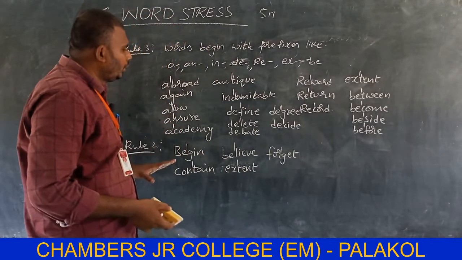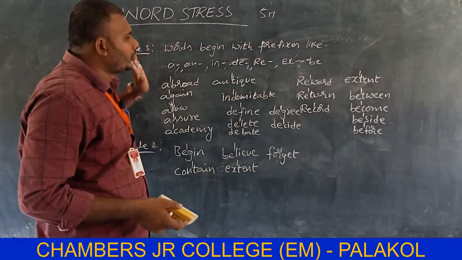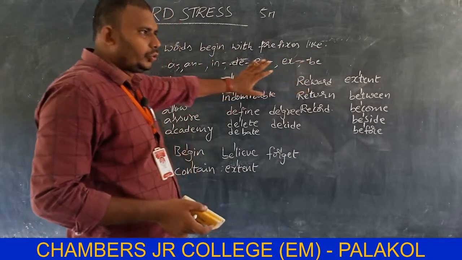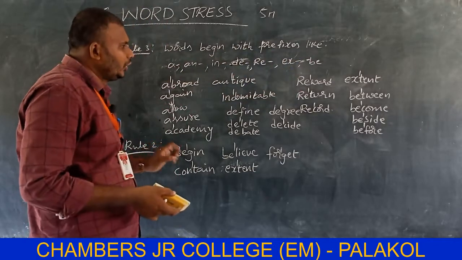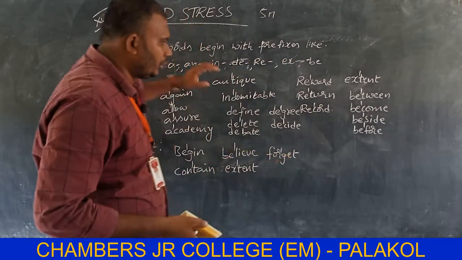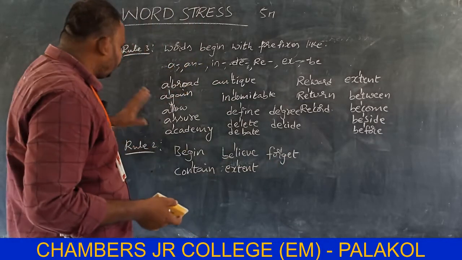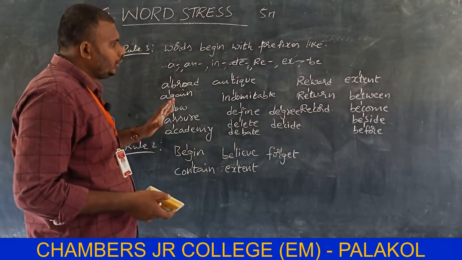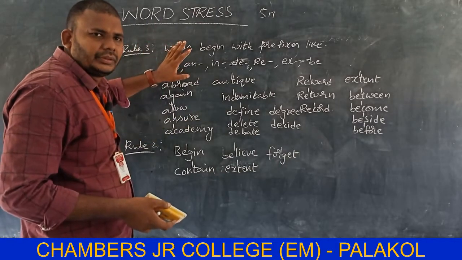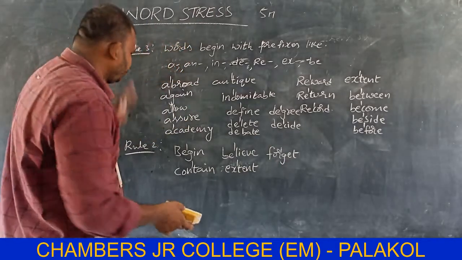So in this way, we can use the stress mark. So words that begin with these prefixes take stress on the second syllable. Please remember rule number 3. We may expect a word from this rule, definitely, in the question paper.